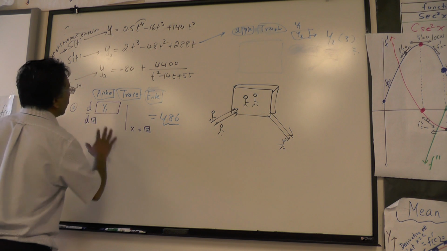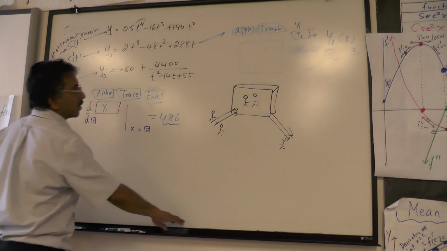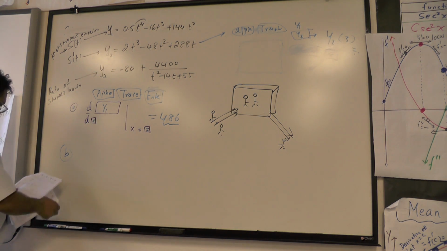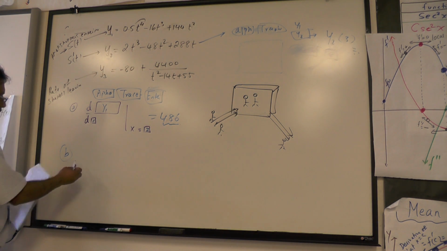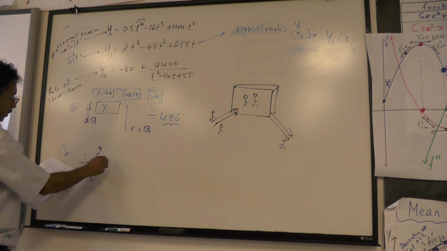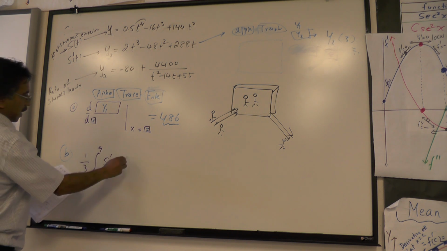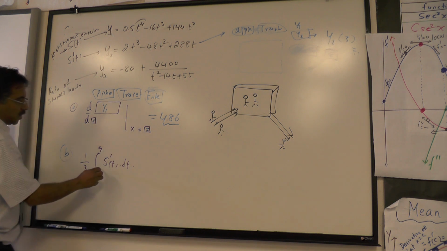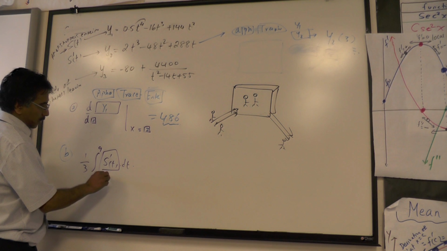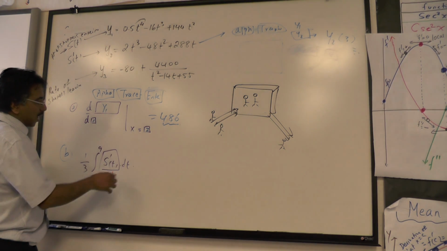Now the question is, why did I do this one? Let's see the next step. C. The question is, find the value of the following. Now remember, this is called the rate function. It's like a velocity kind of thing.